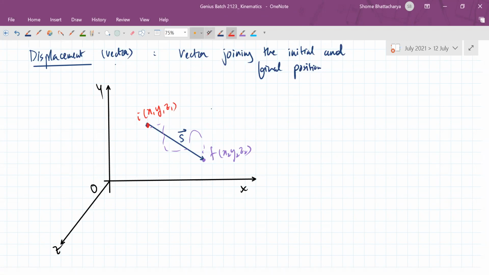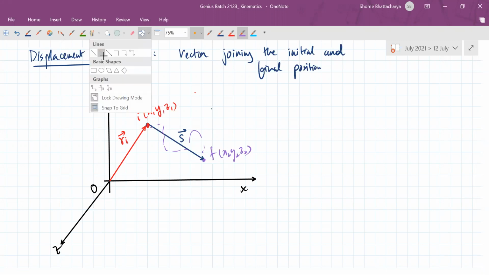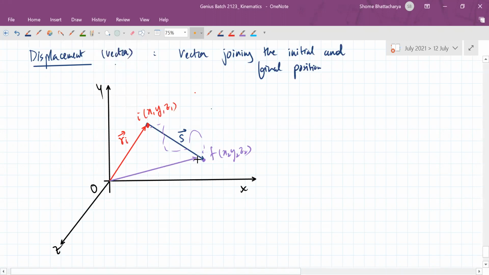But now you can also see that the displacement vector has a very nice relationship with respect to these two other vectors, which are the initial position, which I can write as Ri or R1, whatever, and the final position. You can see that they are forming a vector triangle where these two are joined from the common origin, the initial and final. So this third vector that we have drawn is basically the difference of these two.